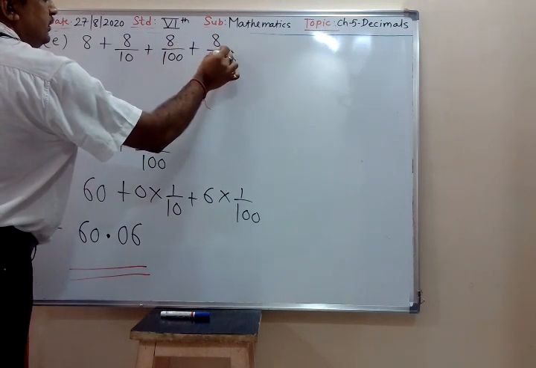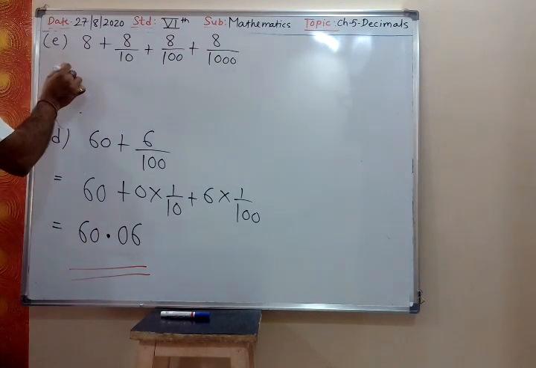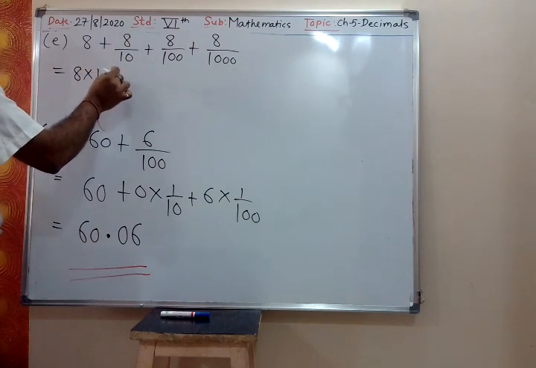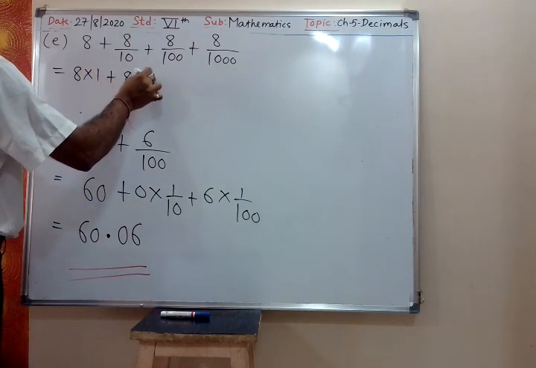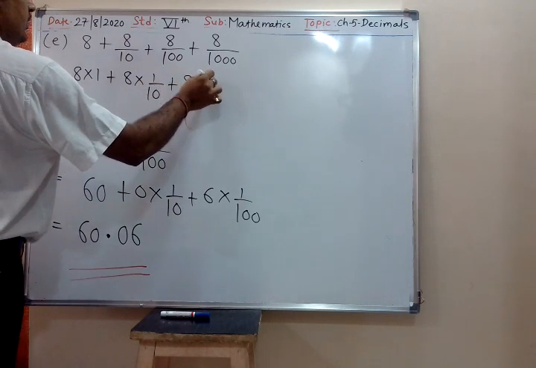You have to stick with the rules of maths, nothing else. Now 8 I can write 8 into 1, no problem. Now 8 upon 10 I can write 8 into 1 upon 10. 8 upon 100 I can write 8 into 1 upon 100.